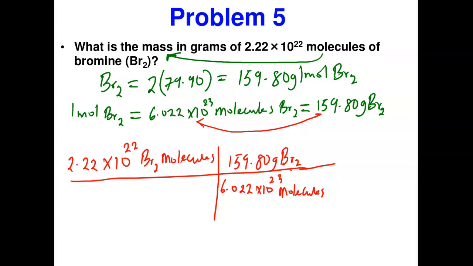Now, if you multiply these 2, this will give you molecules, of course. Let me go back, I didn't put my bromine. This will be Br2. So this will cancel this. When you multiply this by this and divide by this, you're going to get what mass? Make sure you punch this correctly into your calculator. The answer you will get will be 5.89 grams of Br2.